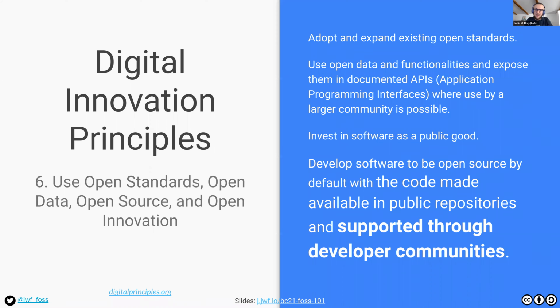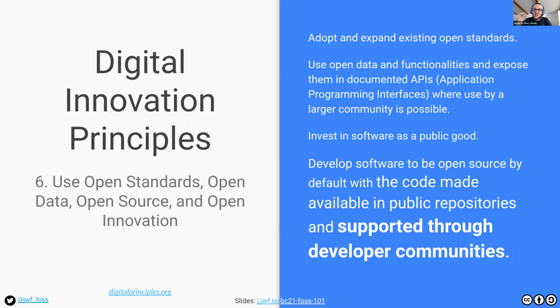I won't read all this text, but the last paragraph has one that's really important to me and to how we build our work: to develop software to be open source by default, with the code made available in public repositories and supported through developer communities. And today, supporting developer communities is the reason we're here.